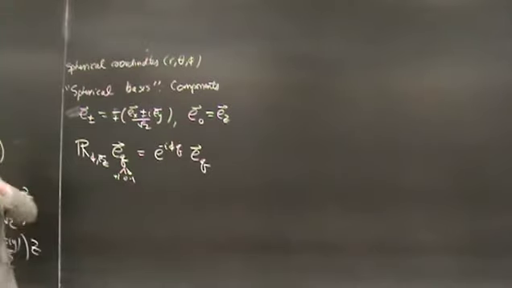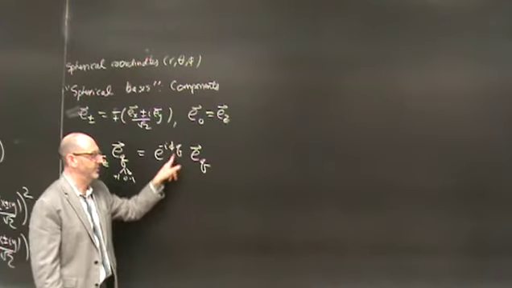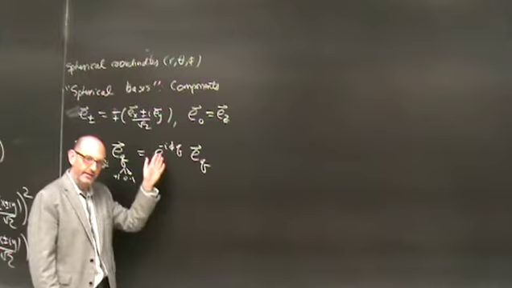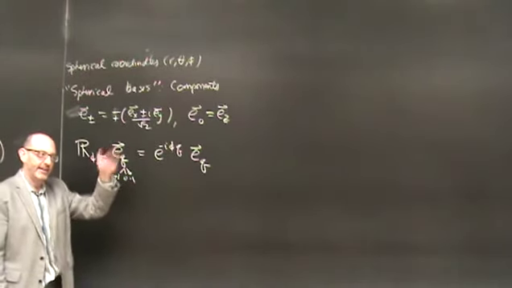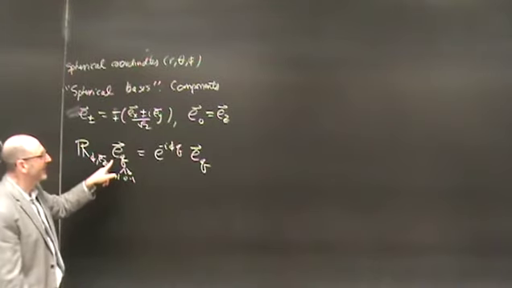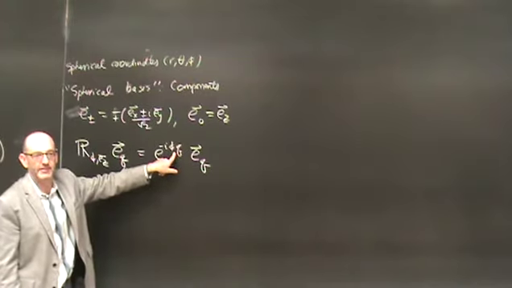Obviously e_0 stays the same, it's an eigenvector with eigenvalue 1. If I rotate the others, x goes into y, and y goes into x, but exactly in the right way such that it still stays the same, but it picks up just an overall phase.